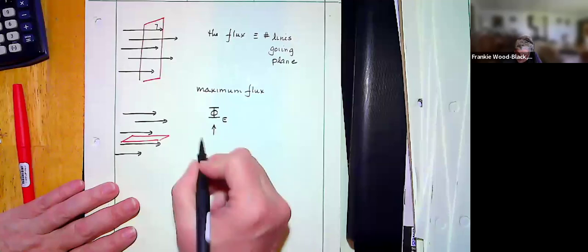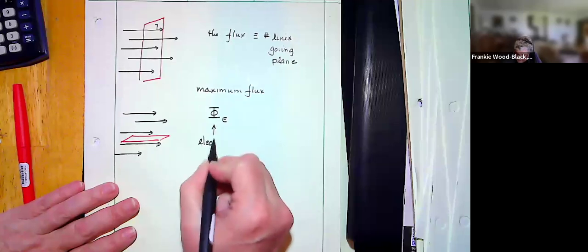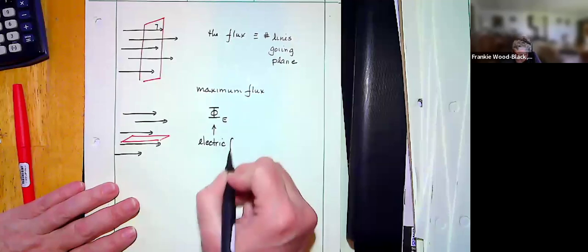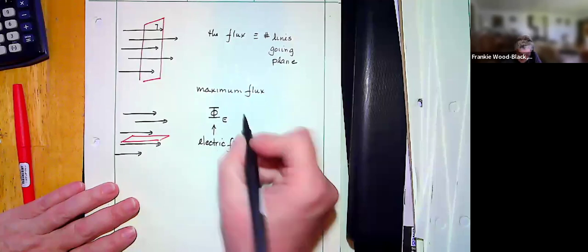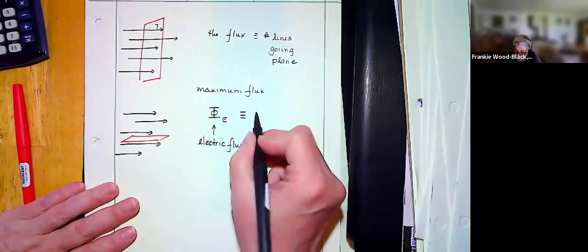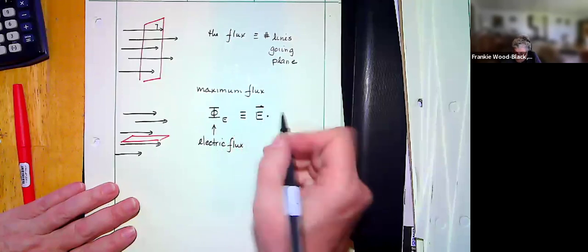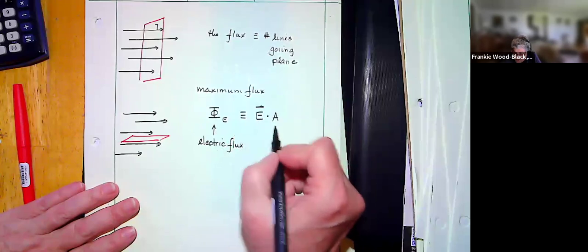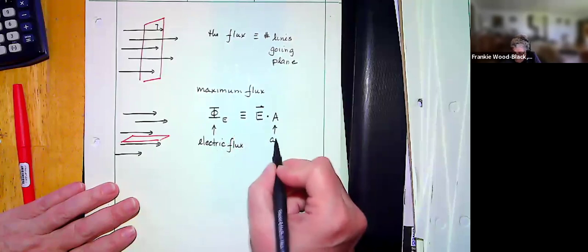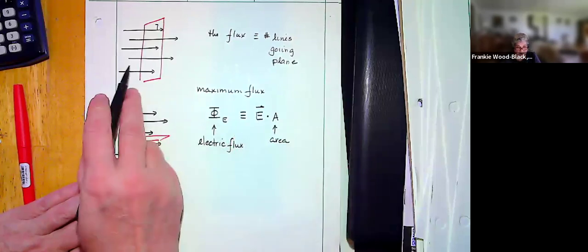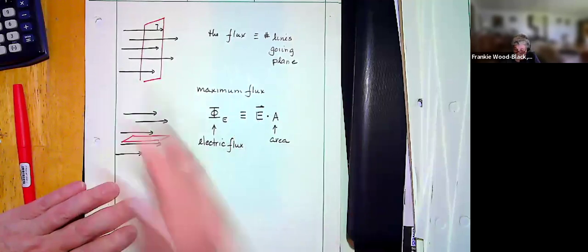This is our electric flux, and we're defining that as the electric field with a dot product of the area of our plane. So it's the number of lines that are going through our plane.